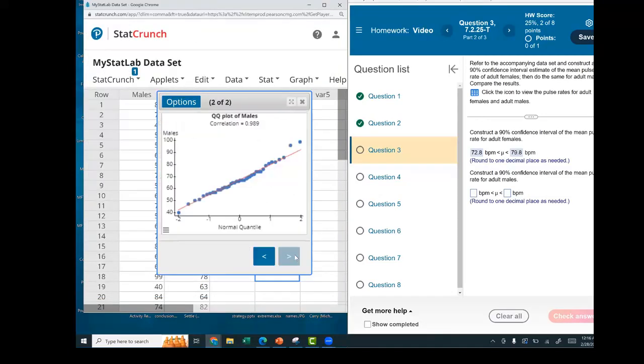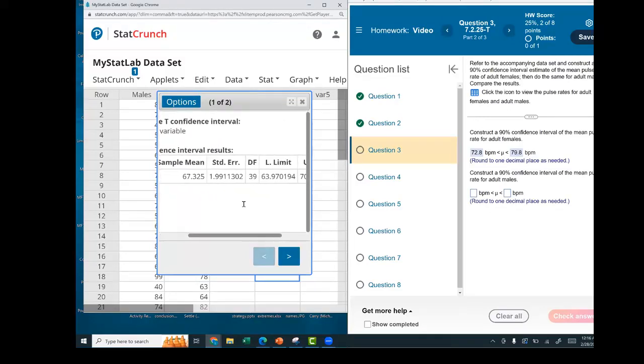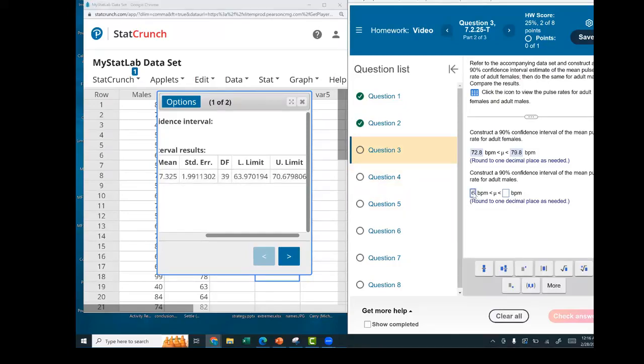And let's look if it's normal. Yeah, it's very normally distributed, so we're in good shape. And so we have our lower limit to 1 decimal place. Actually, it's going to be 64. And our upper is 70.68.